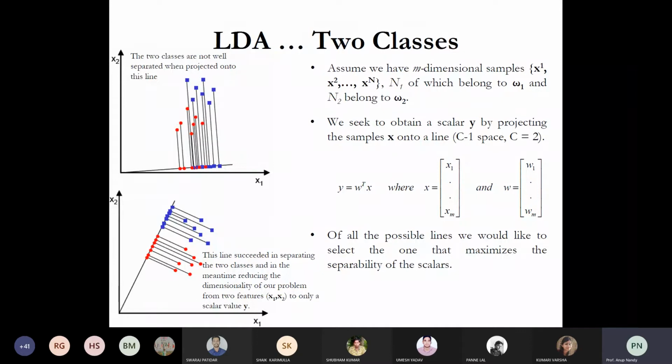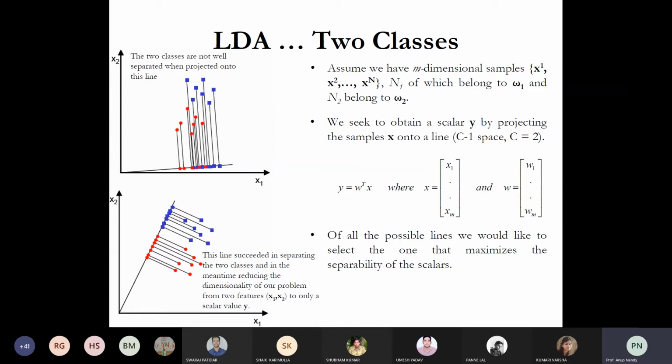You have a c minus 1 dimensional hyperplane, and from it you choose only the one that reduces the dimension as well as preserves the class discriminatory information. That is the more important thing. In PCA we did not take care of it, but in LDA you have to take care of the dimensionality reduction as well as the discriminatory information. So mathematically, how do you represent it?